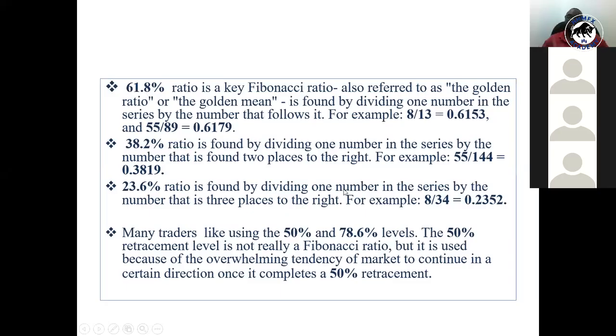So this is how they discovered this ratio that we find in the Fibonacci retracement. This is not our topic today, guys, but if you want to learn more about this, I'll find another time to teach you how they came across these ratios, 61.8, 38.2. For instance, 38.2, you just get it by dividing one number by the number that is found two places to the right in the series.